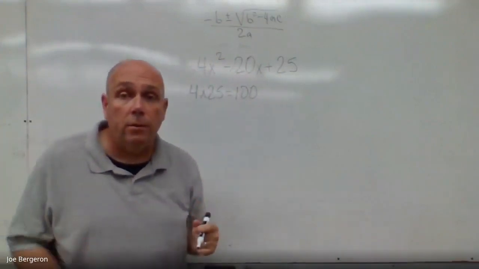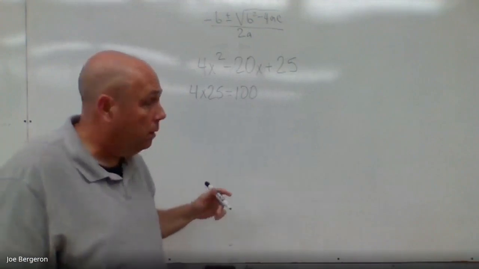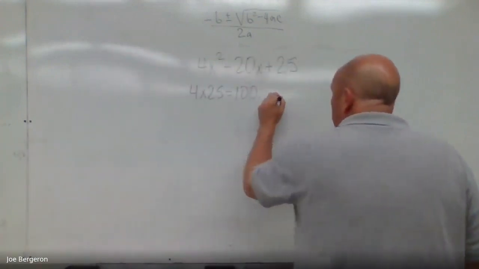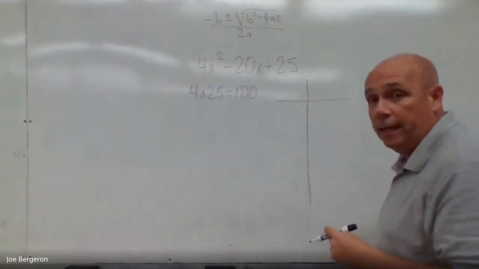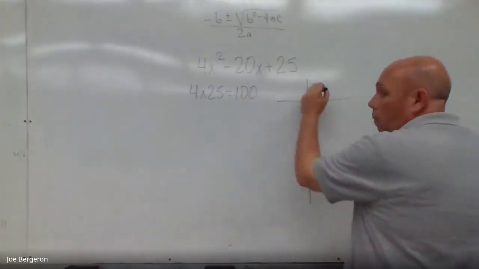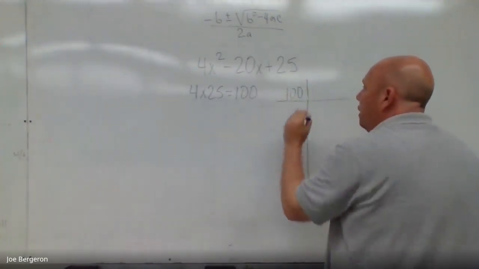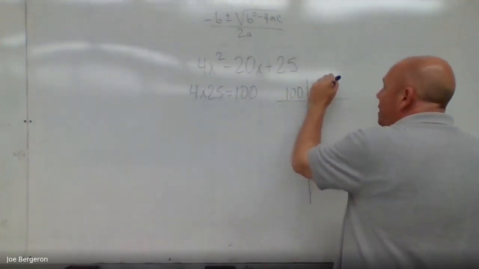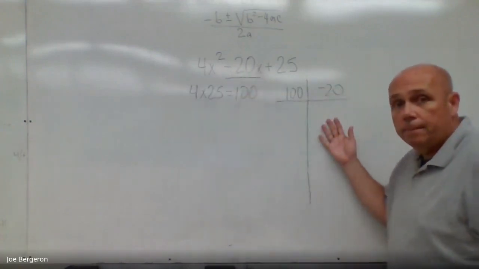Okay, 4 quarters equals $1. Now, what we'll have to do is make our chart, as many of you have seen, and 100 will go in the first part, and negative 20, this number right here, will go on the right.